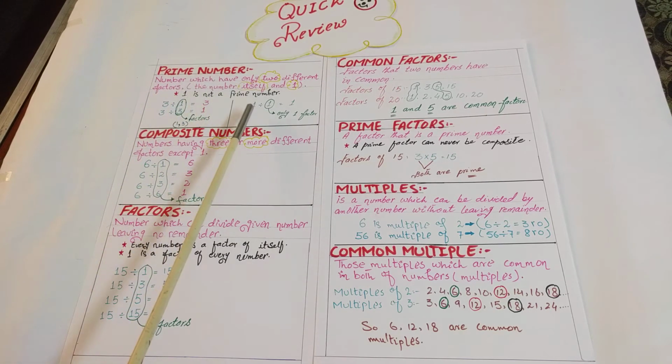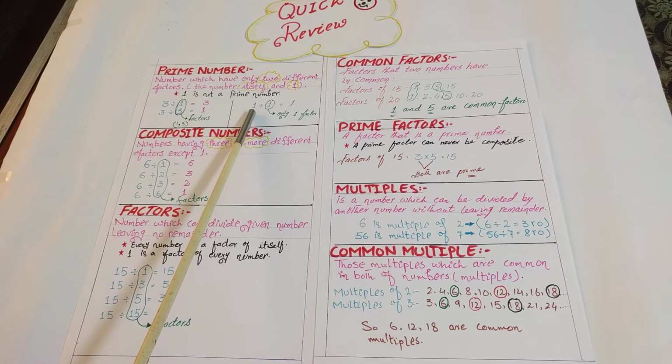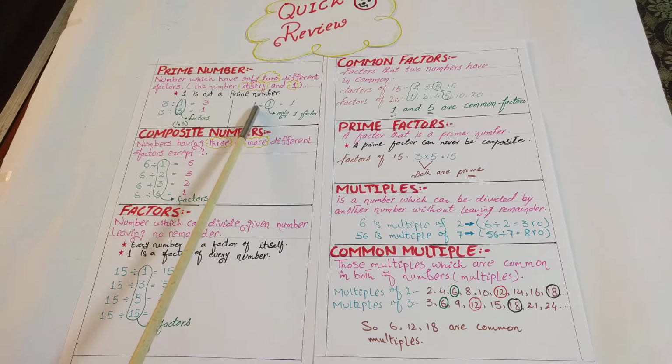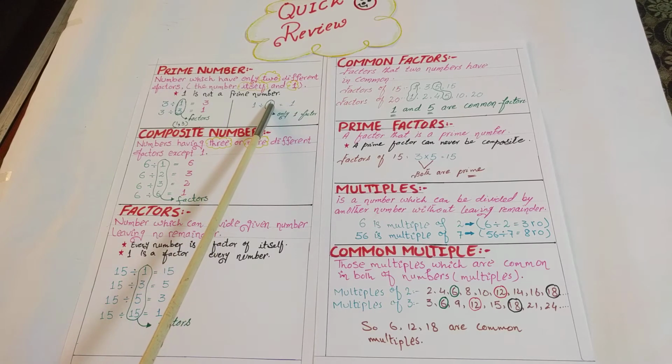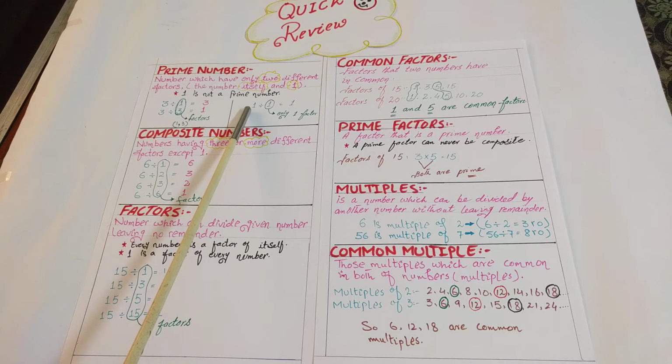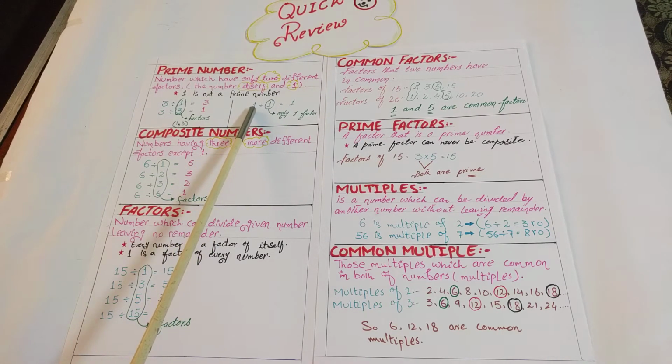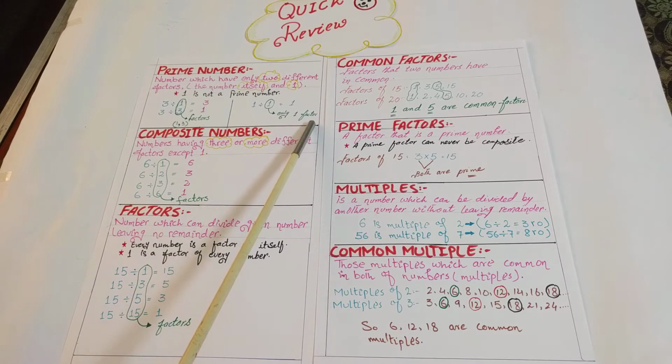Now the second example is 1. Given number is 1. 1 divided by 1, 1 ones are 1. 1 is completely dividing the given number, but there is no other factor which divides the number 1. So 1 has only one factor.